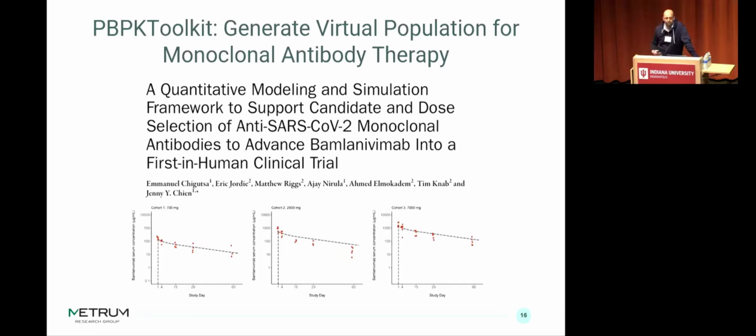This was before we had any animal data or any human data. But then when Lilly people did the clinical trials and overlaid the predictions on the human observations, it was just spot on. It looked like a fit, but there was no fitting. It was just extrapolation.